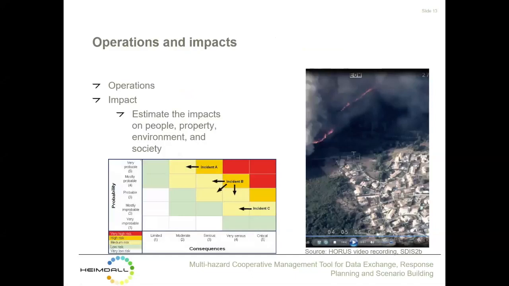For impact, to analyze the impact, HEIMDALL will use the risk matrix provided by the partner FBBR, which is a diagram composed of 2 dimensions, probability and consequences, which can be used to give an overview of various risk impacts and evolution over time, depending on the variation of the consequences or the probability of the impacts.